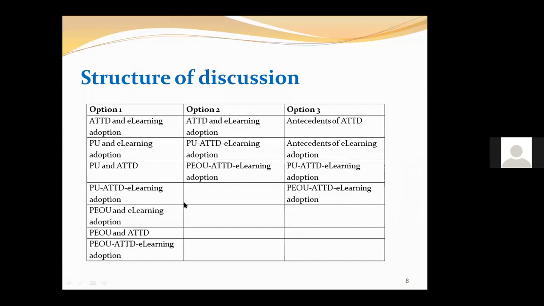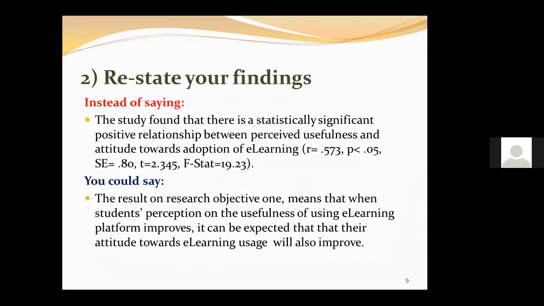So what I'm trying to say here is provide an outline of the flow of your chapter on the discussion. So you have now an idea of how your discussion chapter is going to look like. Next is start writing.